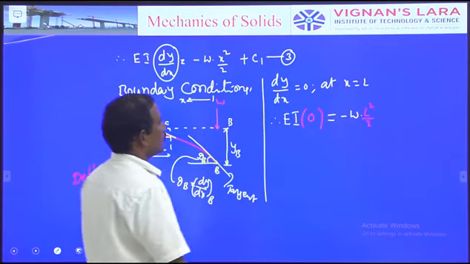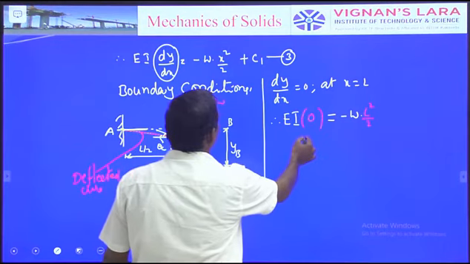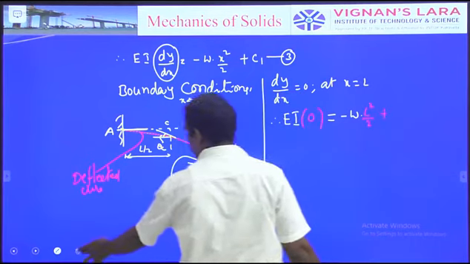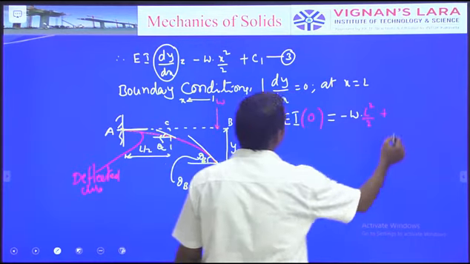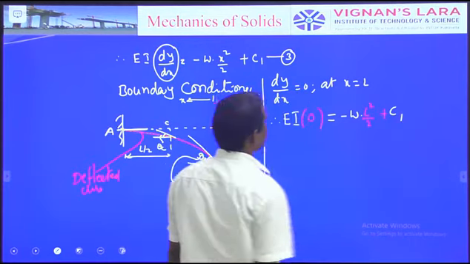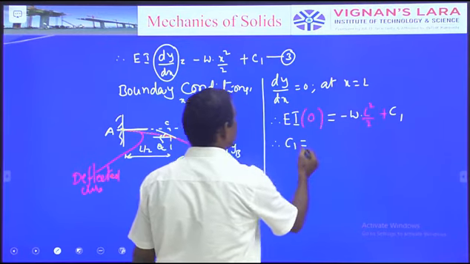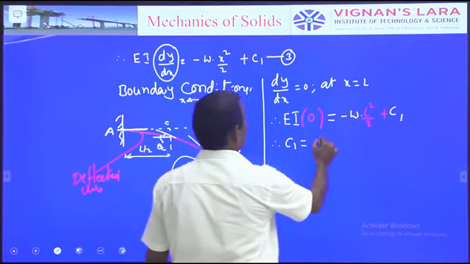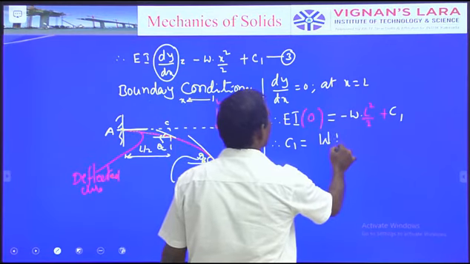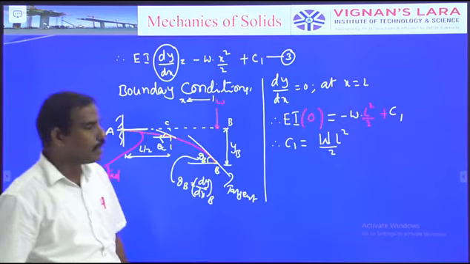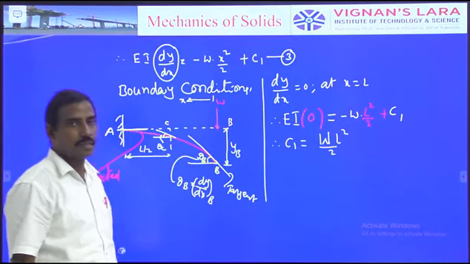So, EI into dy by dx plus, what about the next value? That is C1. Therefore, C1 is equal to W L square by 2. Substitute the C1 value in equation number 3.